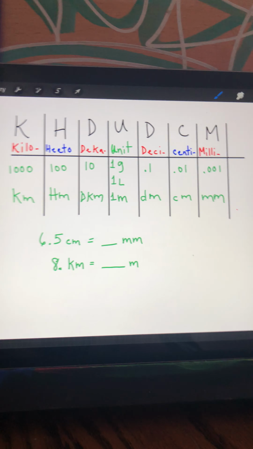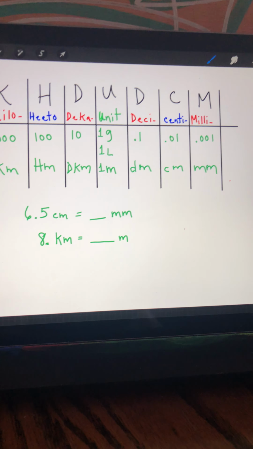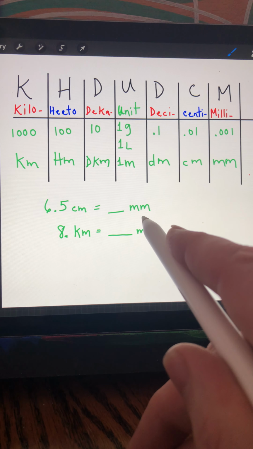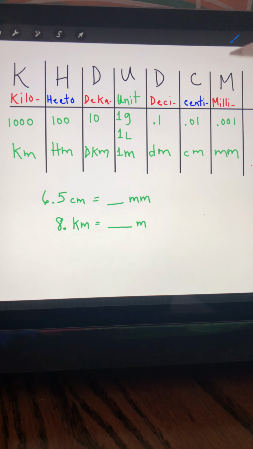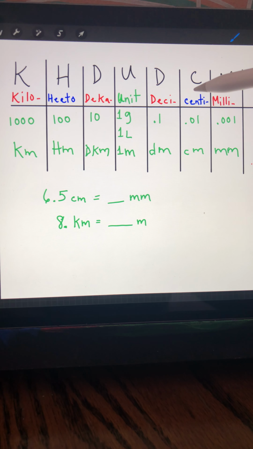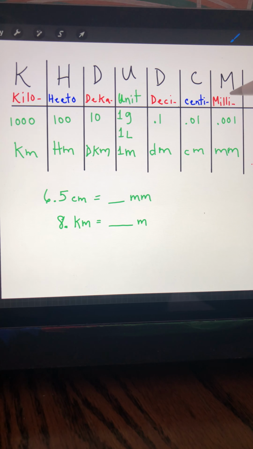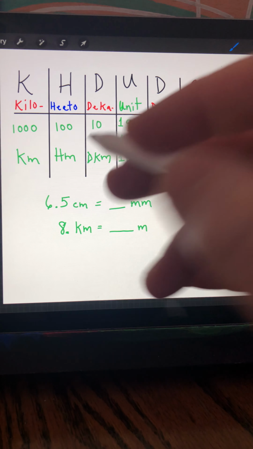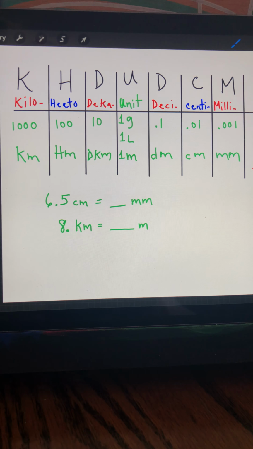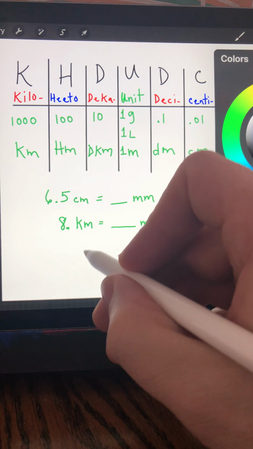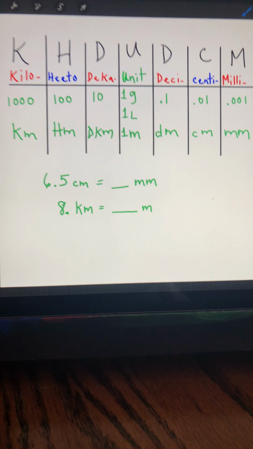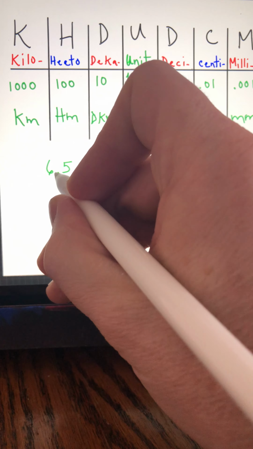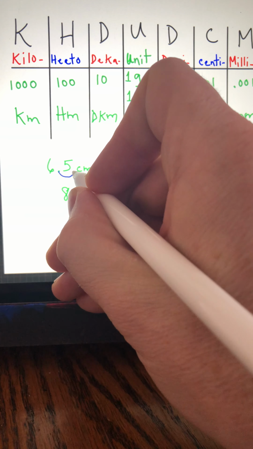Okay, so how is that going to help us? Well, check this out. We have a centimeter, and we're trying to turn it into a millimeter. So I'm going to find centimeter on my chart. How do I get from centimeter to millimeter? Well, I make one hop to the right. So I'm going to take my decimal and change my color. Just like it was only one hop to the right, I'm going to move my decimal one hop to the right.